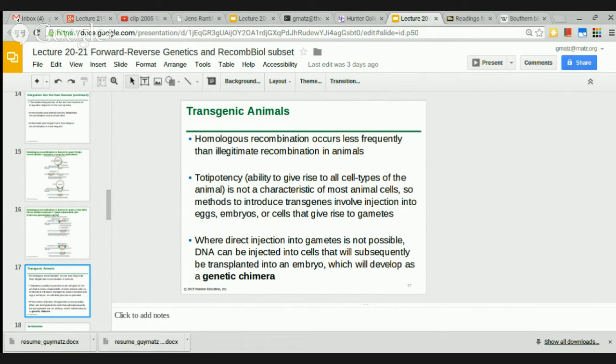And the only kinds of cells that are going to give rise to a whole multicellular organism are the gametes, like eggs, or embryos, that is, cells that can give rise to an entire animal. So in transgenics in an animal, we inject our gene into gametes or embryos, which we'll get to in a minute.